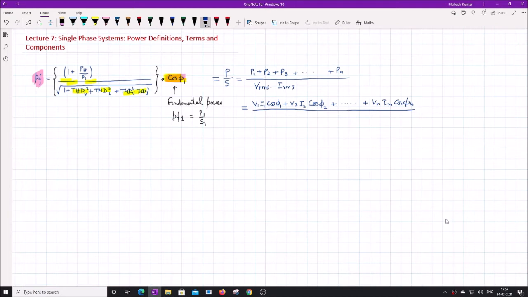And what is this for voltage and current? This is V1 square plus V2 square and so on till Vn square, the whole square root of this, into I1 square plus I2 square and so on till In square, square root.